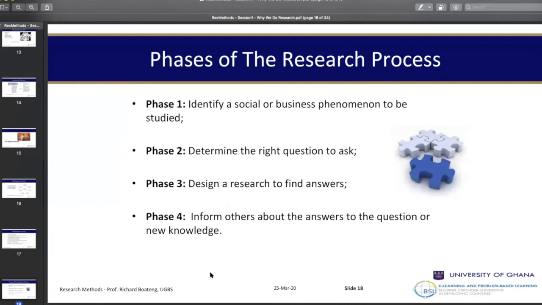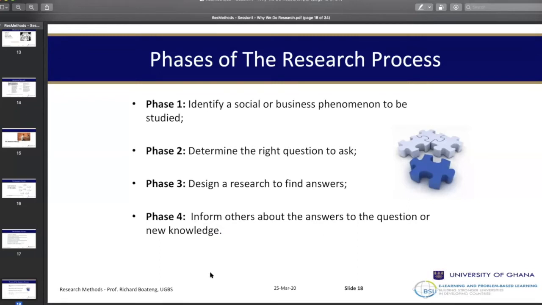Somebody may be trying to study public sector reform, digitalization in the healthcare industry, or the impact of technology on tourism in Ghana. Somebody may want to study how fashion designers keep their books, their accounting or bookkeeping practices, among fashion designers or among SMEs. So this could be a phenomenon you want to study.